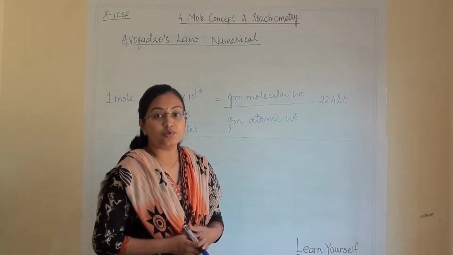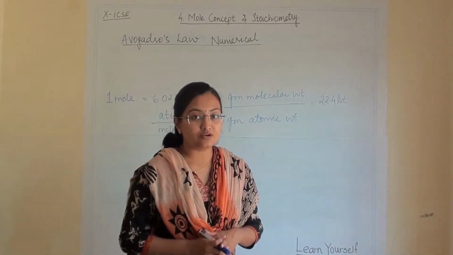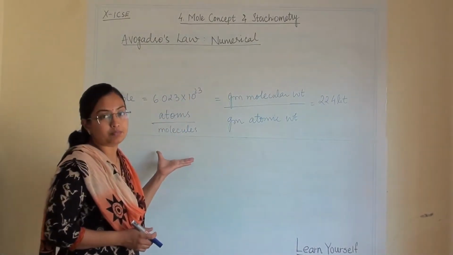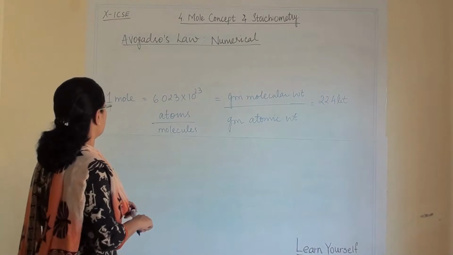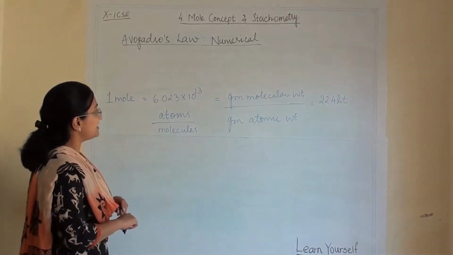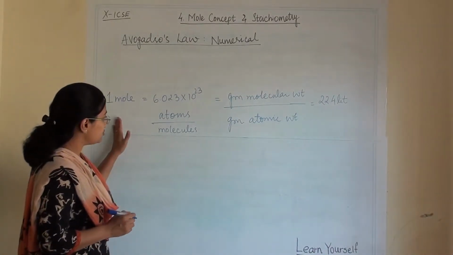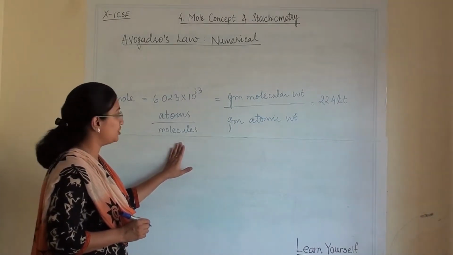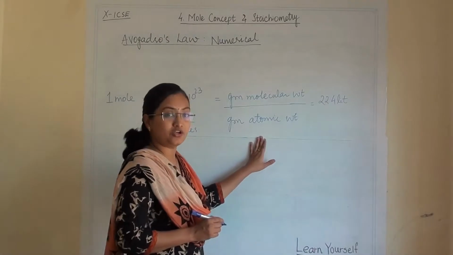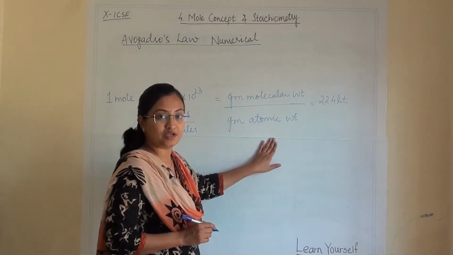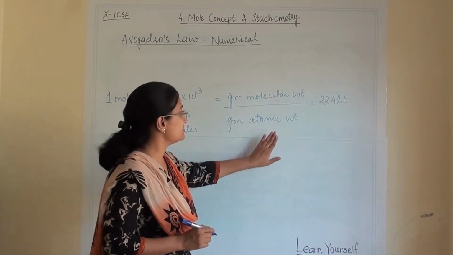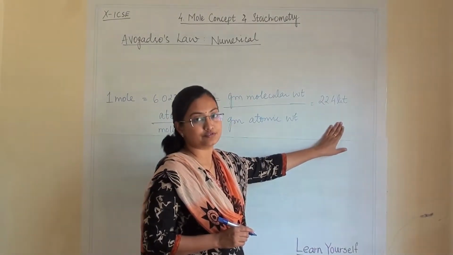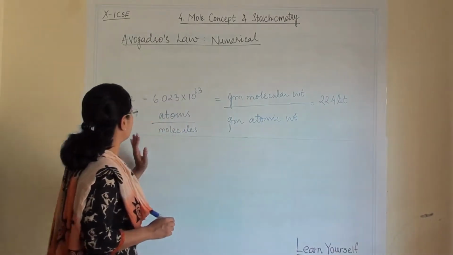We are solving numericals based on Avogadro's law. We need to keep in mind that there is a relation between mole, number of atoms or number of molecules, gram molecular weight or gram atomic weight, molecular weight, and the volume occupied by molecules or atoms.